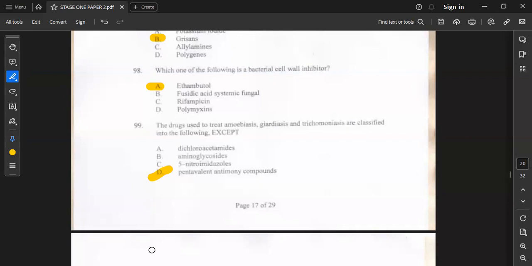Had we discussed these things, their life cycle, their pathophysiology, especially amoebiasis, before? The cysts, the trophozoites, all those things. No, we didn't discuss Entamoeba.